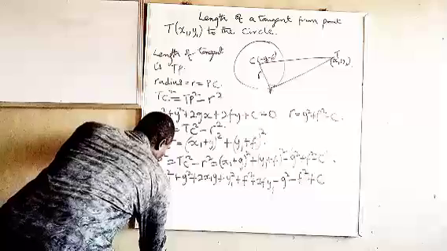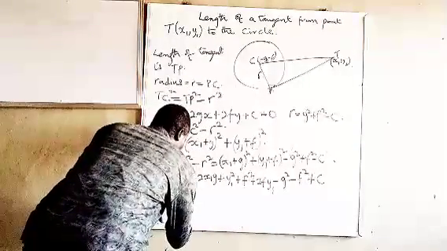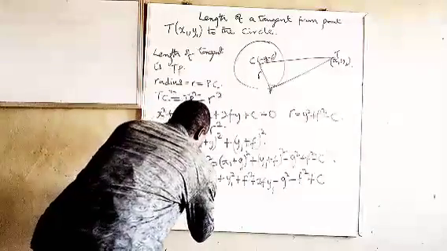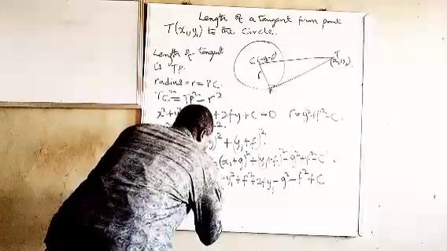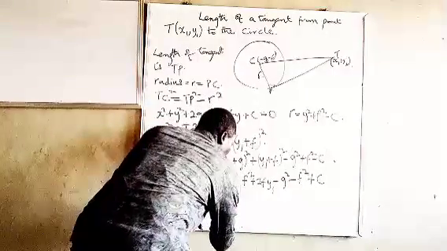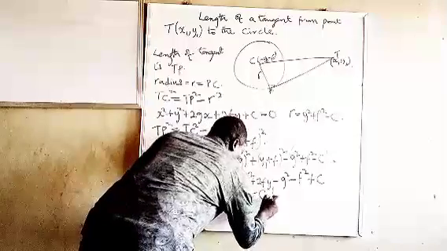It's going to give us x1 squared, this one we cancel this, plus 2gx1 plus y1 squared, this one we cancel this, plus 2fy1 plus c.